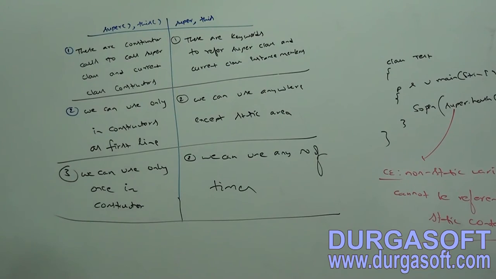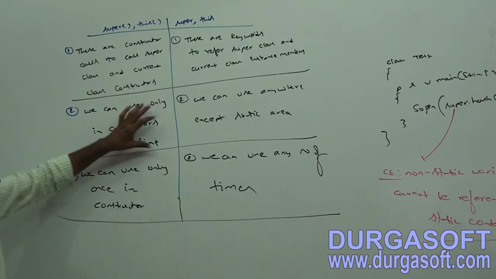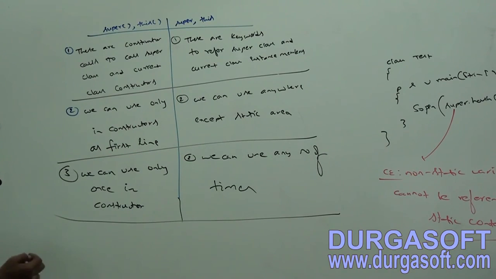Second one: the constructor calls we can use only in constructors, as a first line. On the other side, the keywords we can use anywhere except the static area.